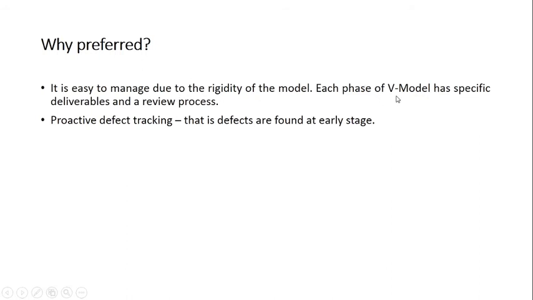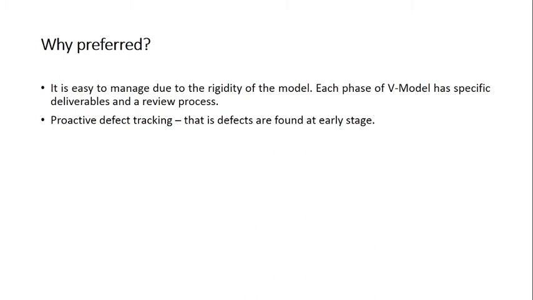Each phase of the V model has a specific deliverable and a review process. That is also clear. Deliverable means output and review process means verification phases. Apart from this, proactive defect tracking, that is, defects are found at an early stage. Since testing is not an activity carried out only after coding, this is clear from the V model.